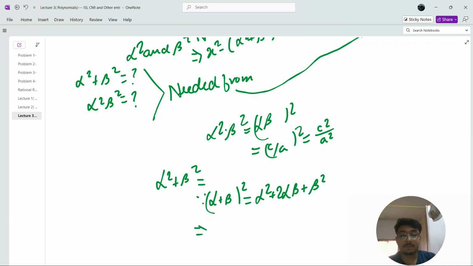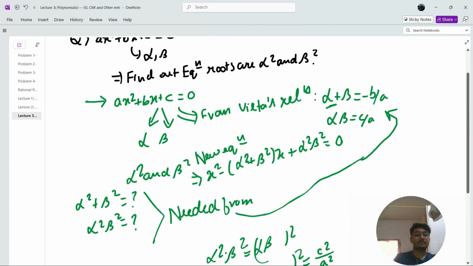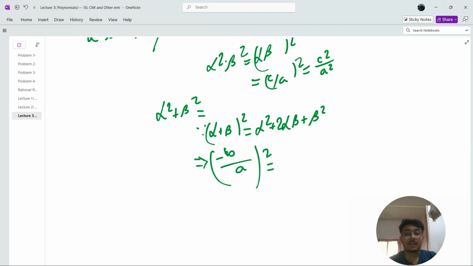My alpha plus beta is how much? Minus b by a. Minus b by a's whole square. Alpha square plus beta square is needed, so we just put it together and give a bracket, plus 2 alpha beta, which is 2c by a.